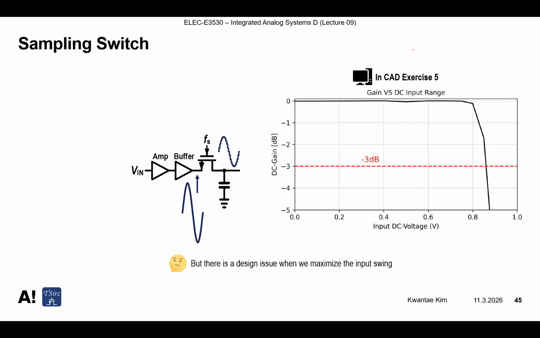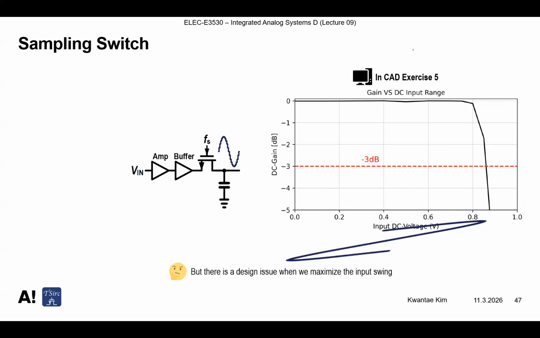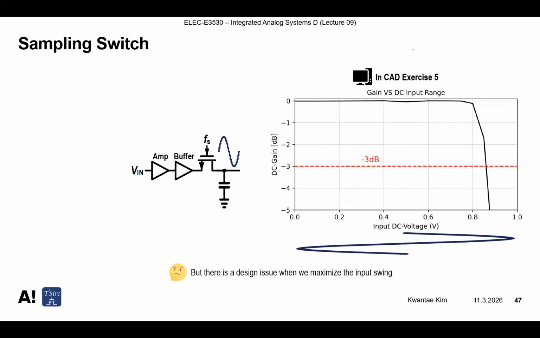This is a design challenge, because when we apply a large input at the input side, it goes to a very wide swing fluctuation that changes the DC operating point at every single moment. So when the signal swing is touching close to VDD, its operating condition is different from when it touches close to ground.